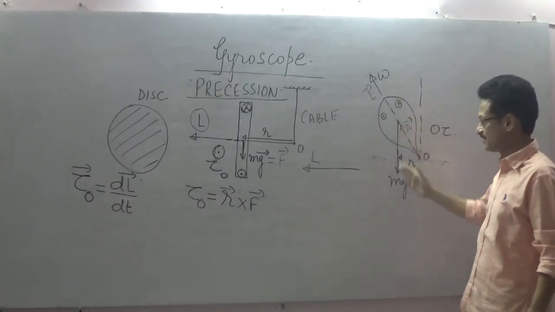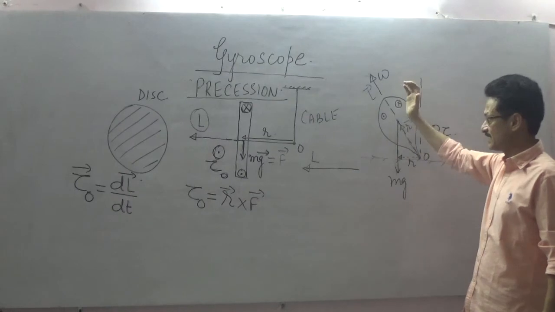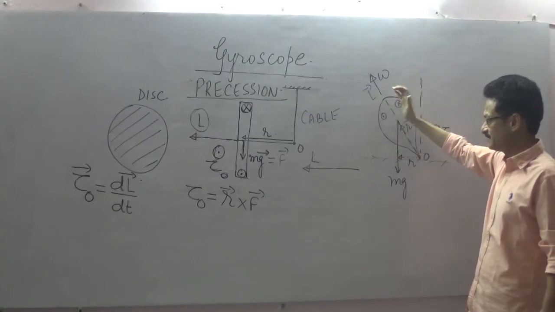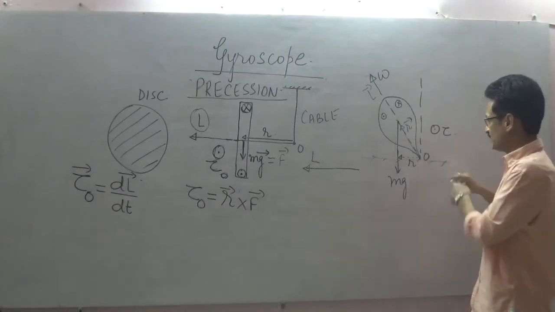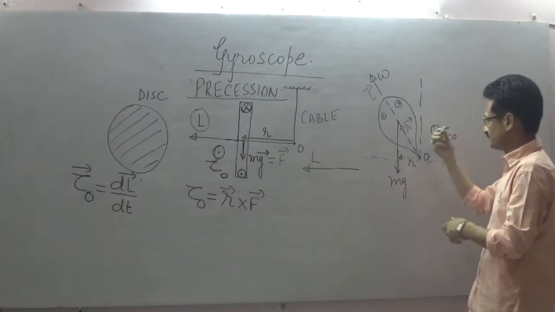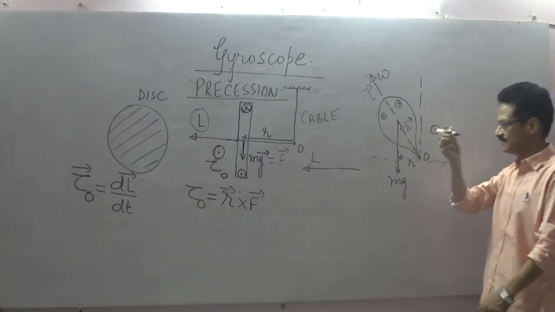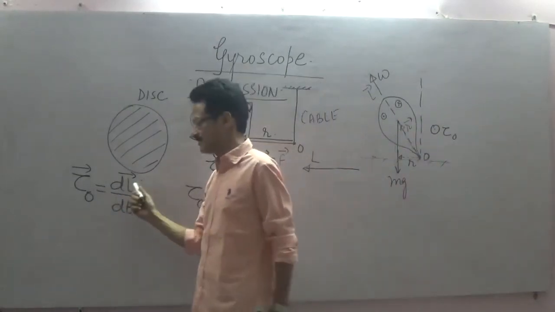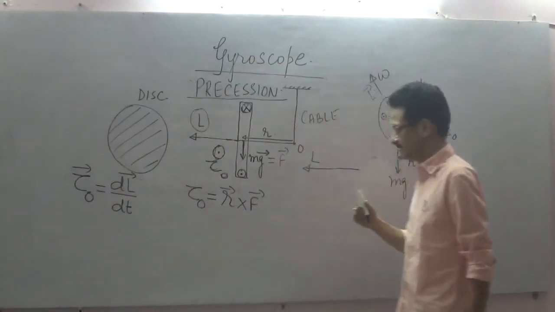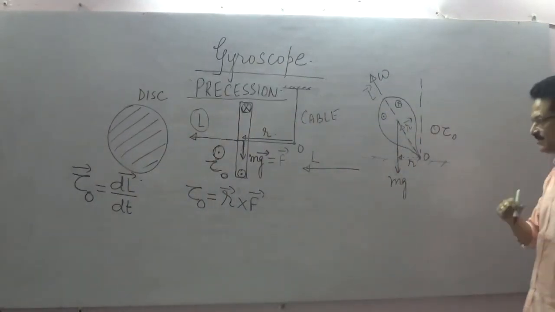Curl your right hand fingers from r to mg, and this is the direction of the torque about the point O. Again, it is emerging out, and the direction of the torque is the same as the direction of dL vector, the change in the angular momentum.